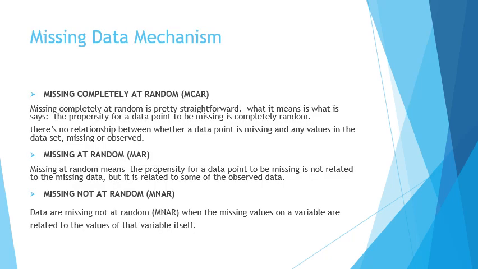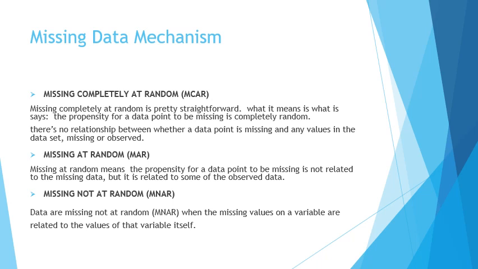In this slide, I have included some of the missing data mechanisms. First is missing completely at random, where we assume that there is no relationship of missingness to any other parameters or any other variables in the dataset.